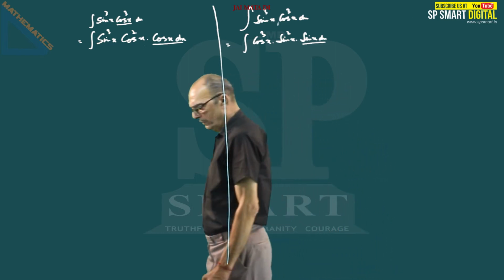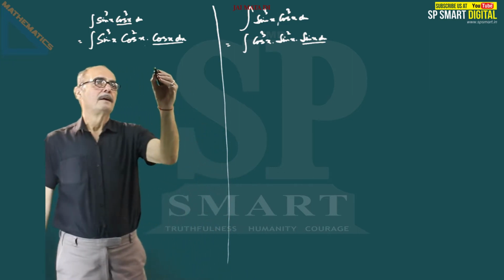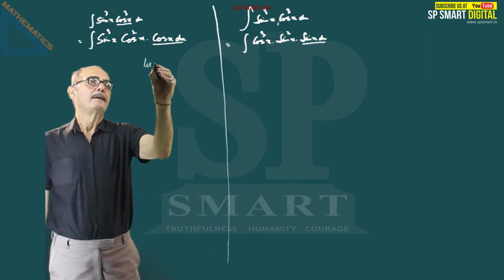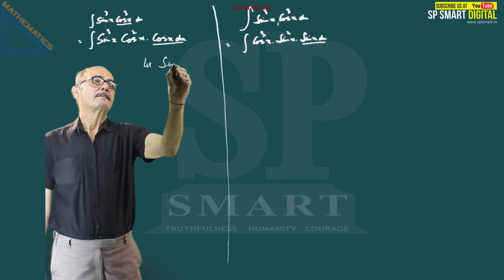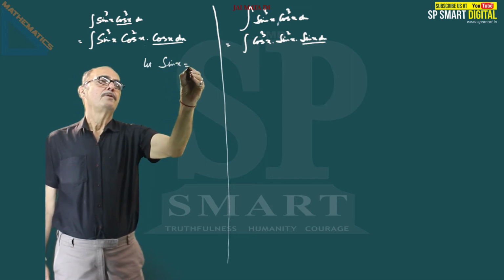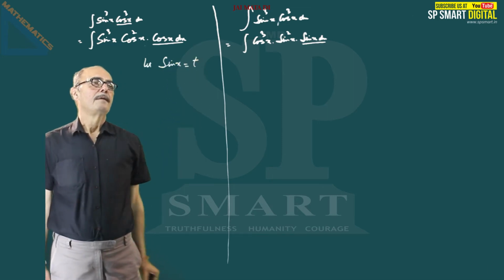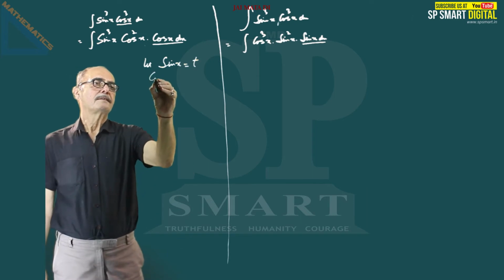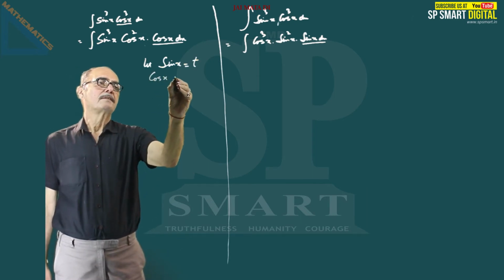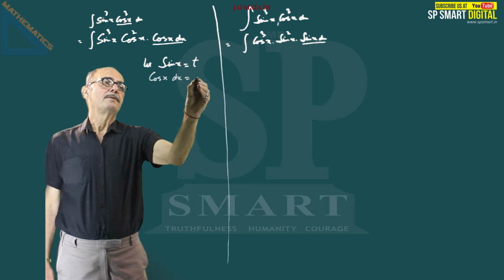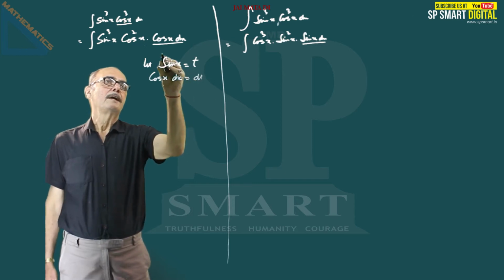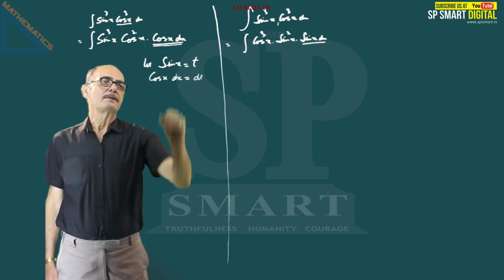So, what we do in this case, let sin x equal to t. The derivative of sin x is cos x dx equal to dt. So, for cos x dx we shall write dt.